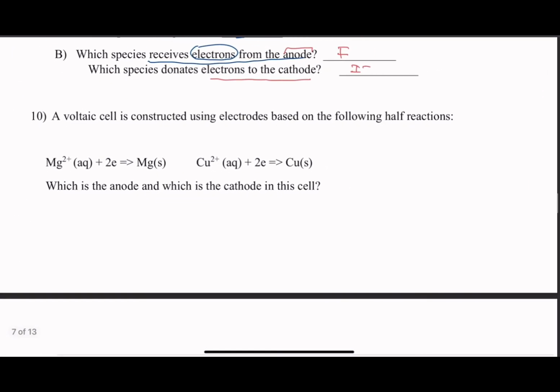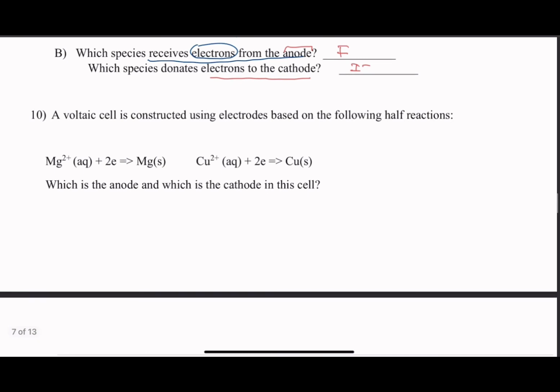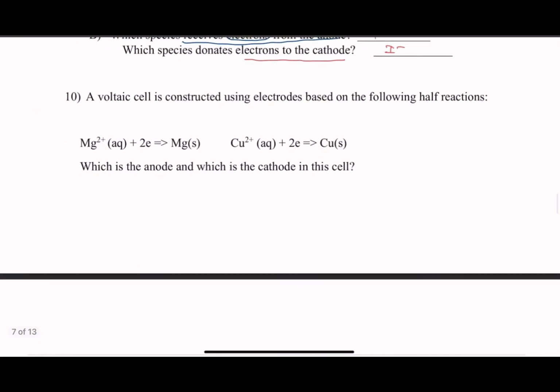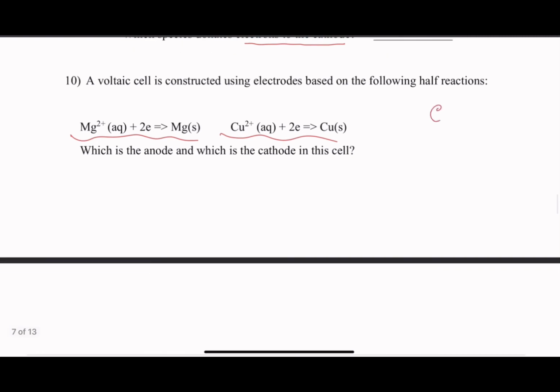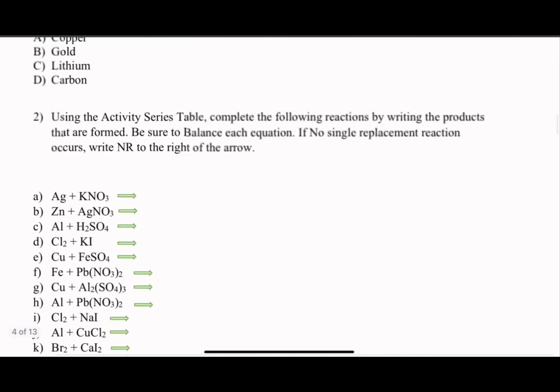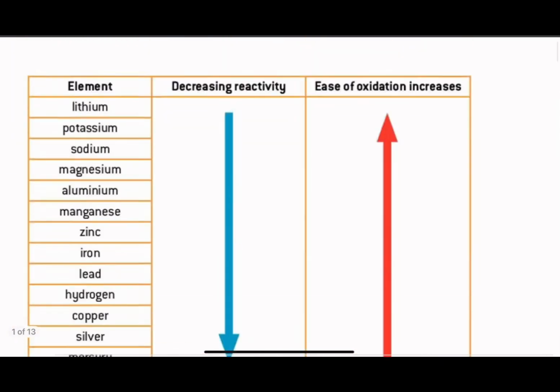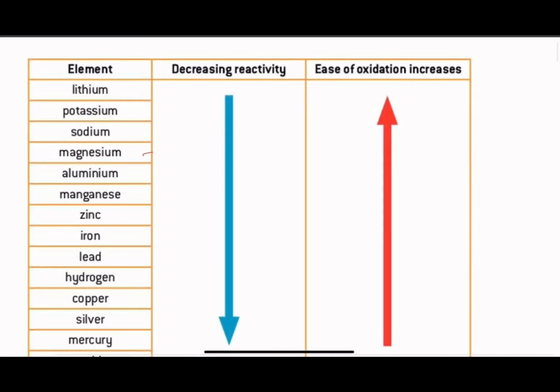And then we go. A voltaic cell is constructed using electrodes based on the following half reactions. As soon as you see this reaction, you need to check the activity of copper and magnesium. We'll go up here and see where magnesium and copper are located. We see magnesium is higher than copper.